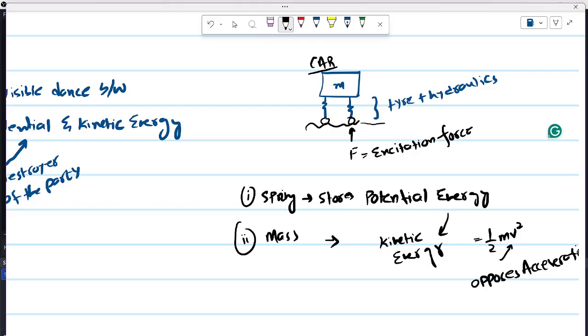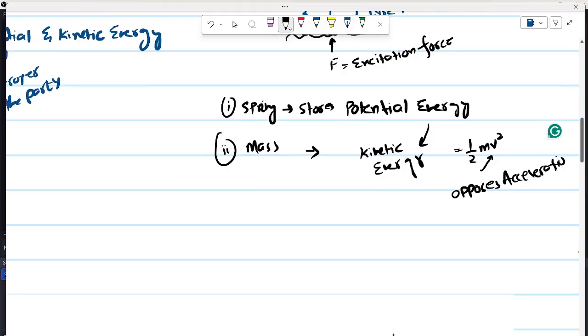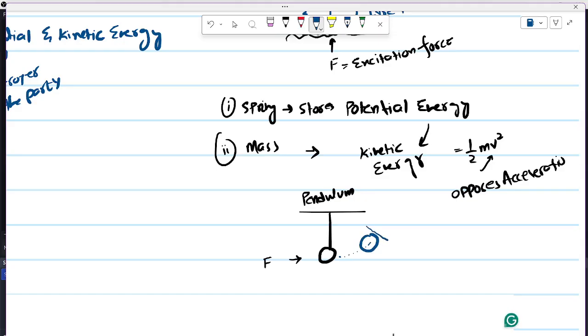A clearer example would be the wall clock again, and the wall clock has a pendulum, right? Let's say now at the pendulum you apply a force here, and because of that the pendulum starts vibrating to this extreme position and then coming back to this extreme position, right?